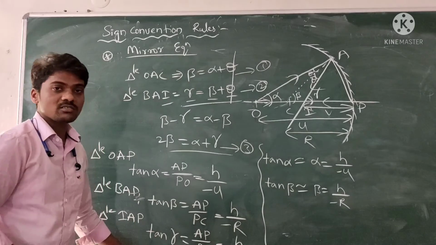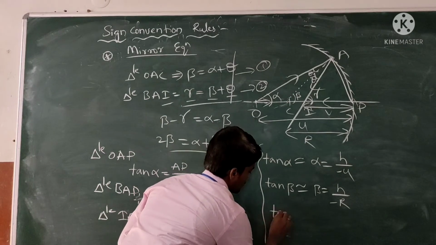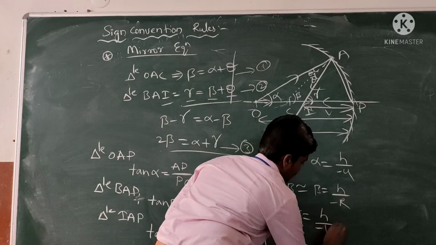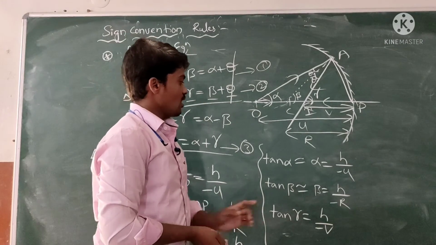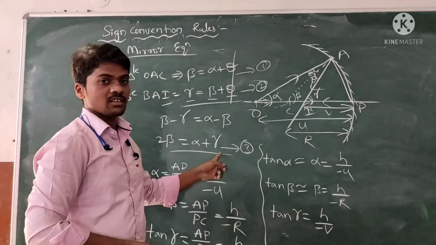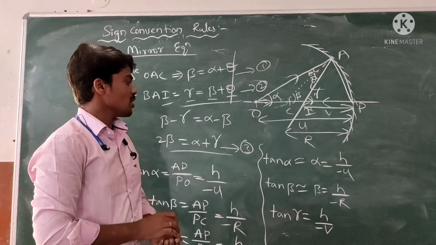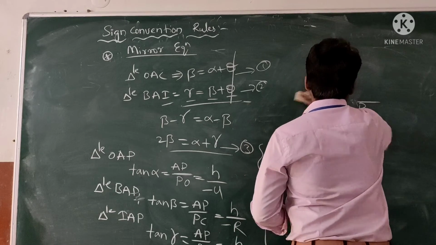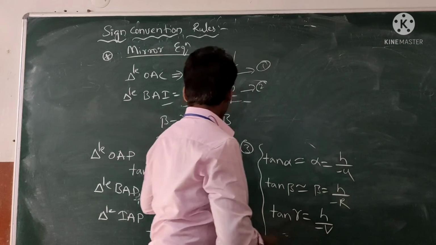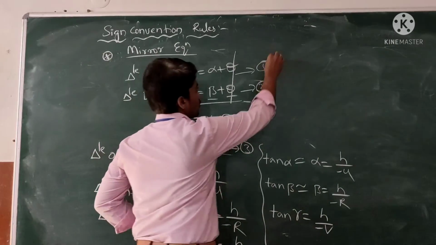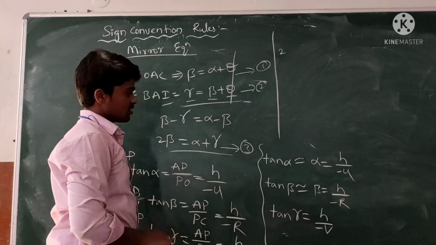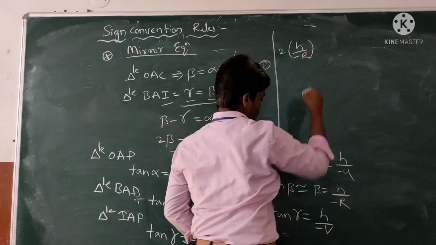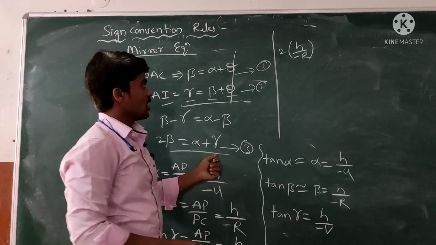Same thing with the third component also. Tan gamma equals H by minus V. Now substitute alpha, beta, gamma in equation number 3. 2 beta equals alpha plus gamma.